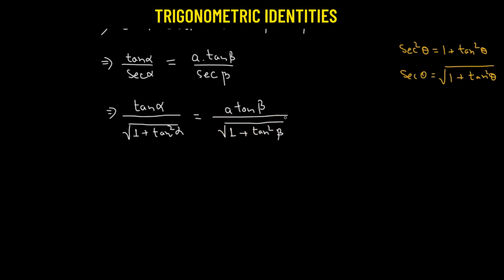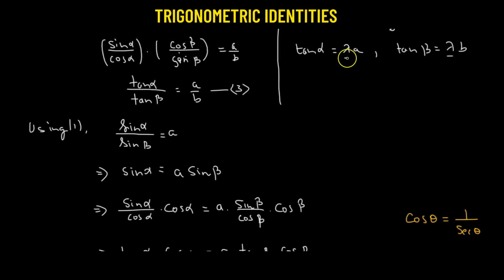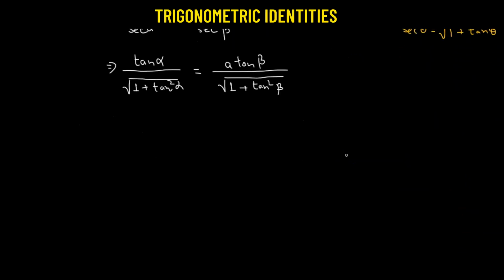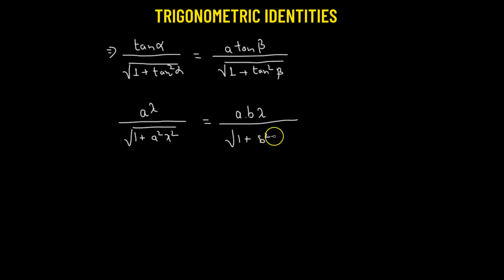So now, we have already shown that the value of tangent of alpha is a times lambda, and tangent of beta is b times lambda. So let's replace these values here. We have a times lambda divided by the square root of 1 plus a squared lambda squared, which will be equal to a times, so tangent of beta will be b times lambda, whole divided by the square root of 1 plus b squared times lambda squared.